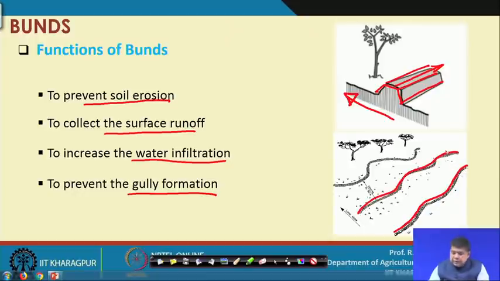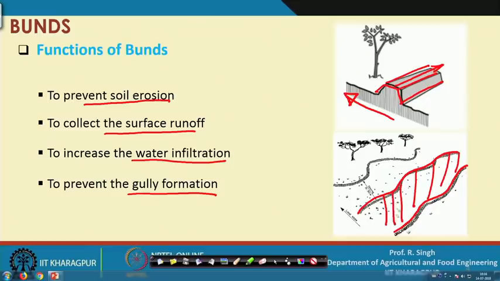Because of this kind of shape, whatever rainfall occurs over this area gets collected within these two bunds, within this area itself. If you remember, when we discussed soil erosion, we saw the types of erosion. The first water erosion process is raindrop splash erosion: whenever rainfall occurs, because of the impact of kinetic energy, splash takes place, that means detachment takes place.